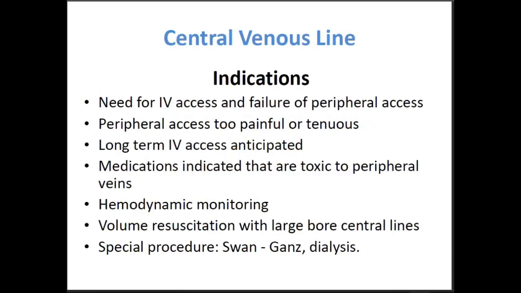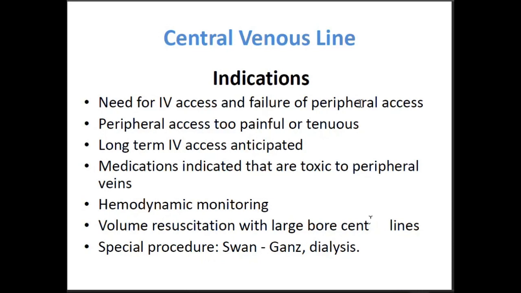Now we go to another modality, the central venous line. Usually we insert it into the internal jugular vein, but you can use the subclavian, the femoral vein, or others, but mainly the internal jugular vein, the femoral vein and the subclavian vein. What are the indications? When you need to give something, monitor something, or withdraw something.